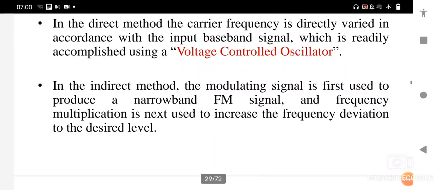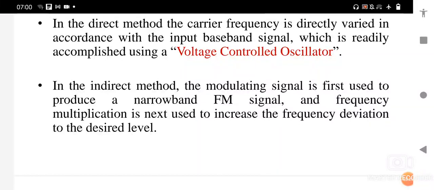In the indirect method, the modulating signal is first used to produce a narrowband FM signal, and frequency multiplication is next used to increase the frequency deviation to the desired level. So the modulating signal is first converted into a narrowband frequency modulated signal.